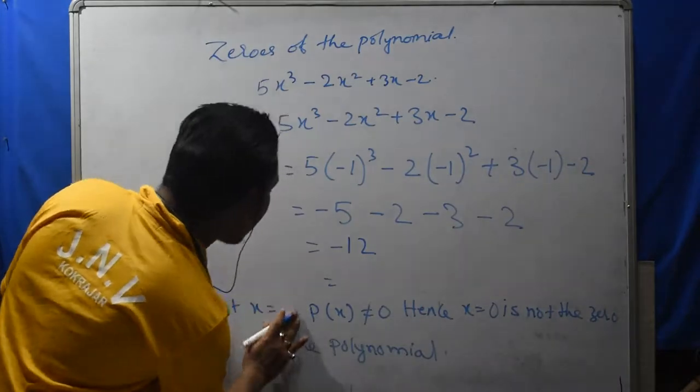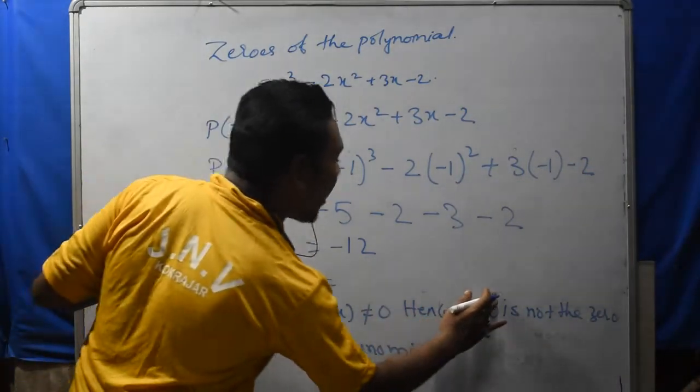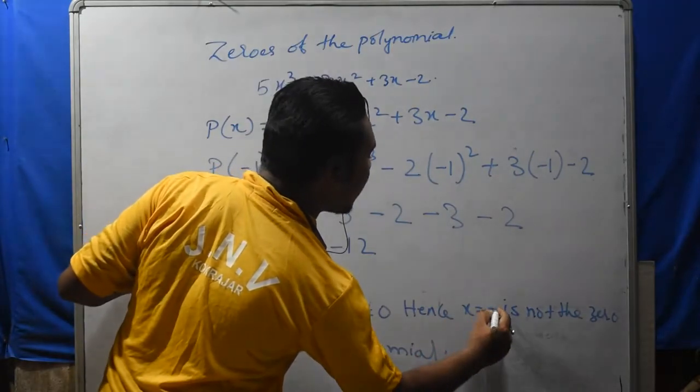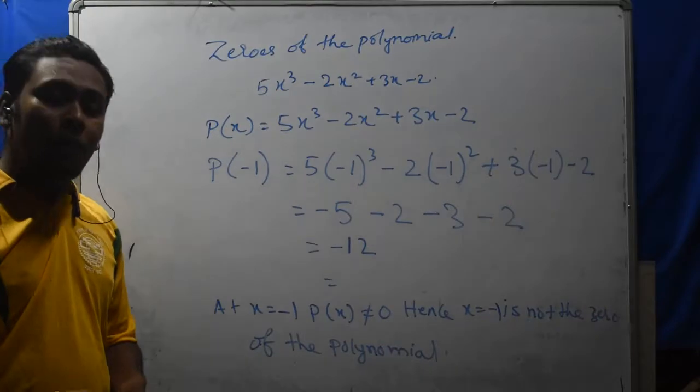At x equal to minus 1, p(x) is not equal to 0, hence x equal to minus 1 is not a zero of the polynomial. So here we could not find the zero of the polynomial.